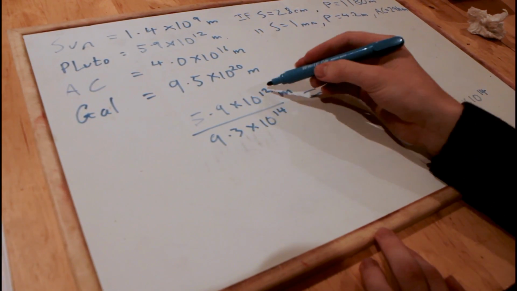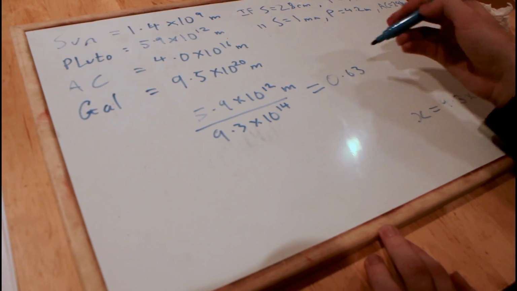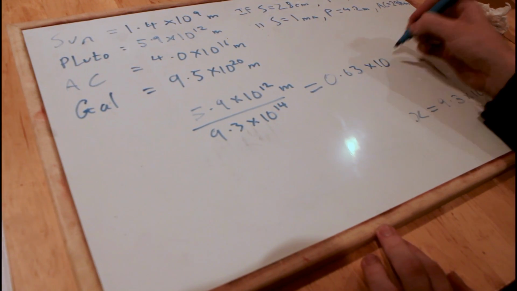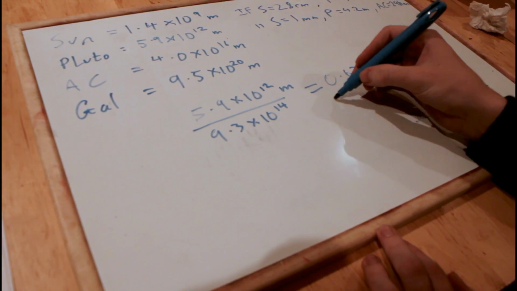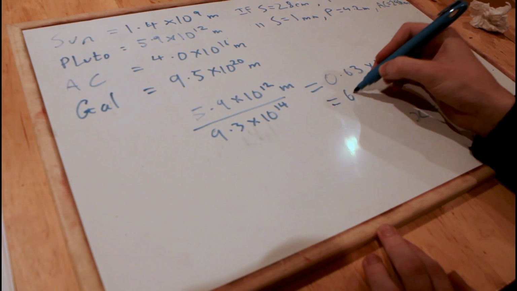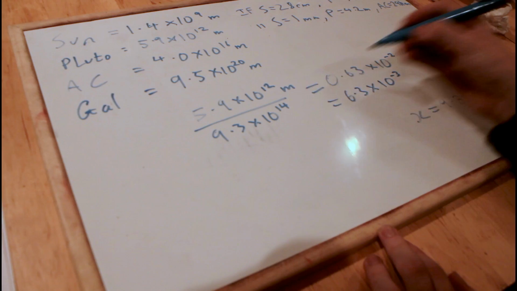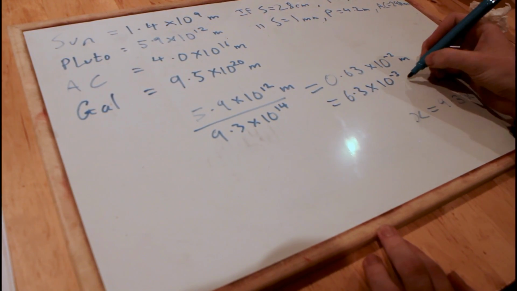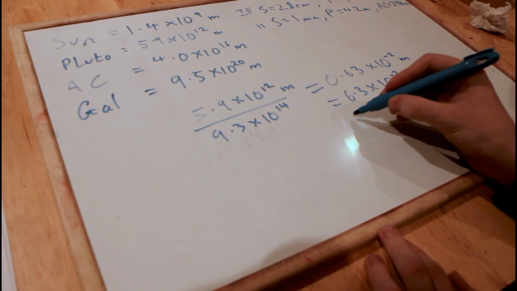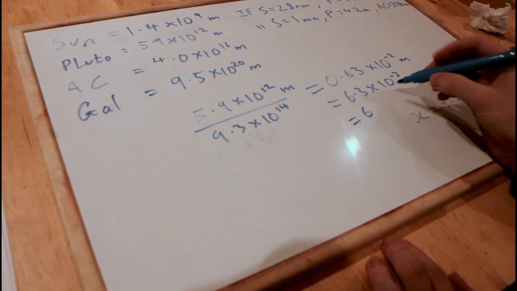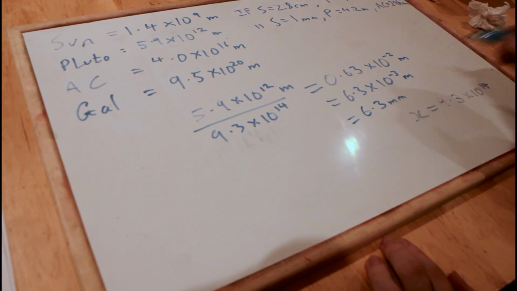And then 10 to the power of 12 divided by 10 to the 14, just 12 take away 14, means we're multiplying this by 10 to the -2, or to put it another way, it is 6.3 times 10 to the -3, and this is in meters. To write this in another way, we can convert this into an easier to comprehend number, which is 6.3 millimeters.